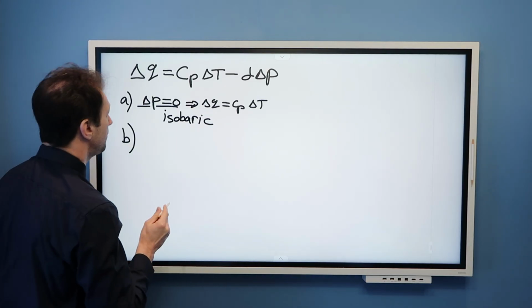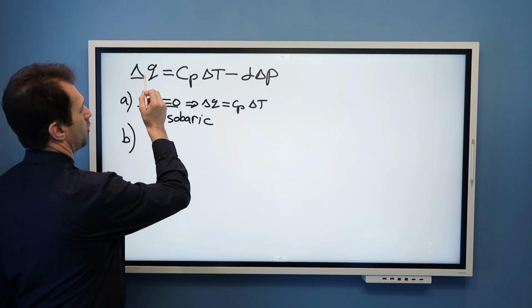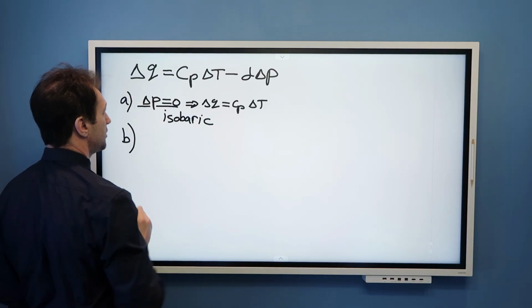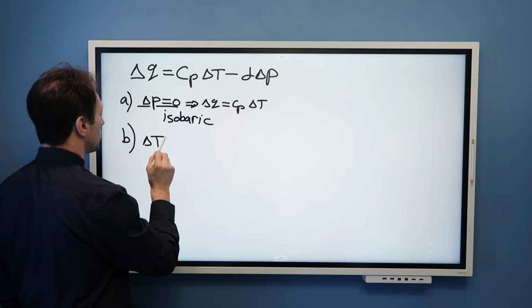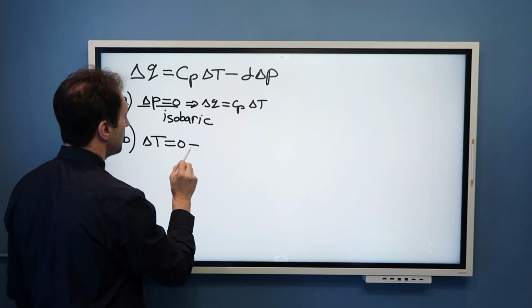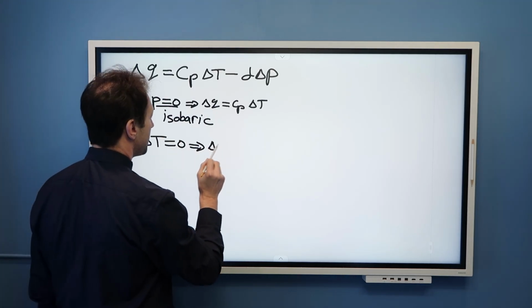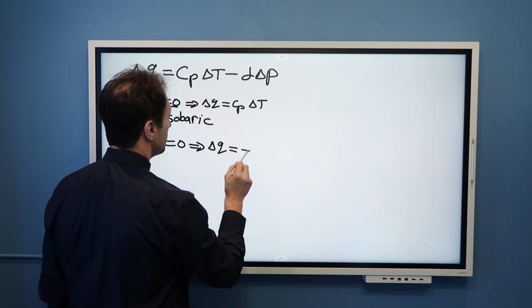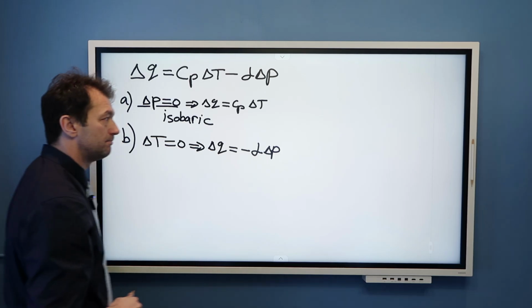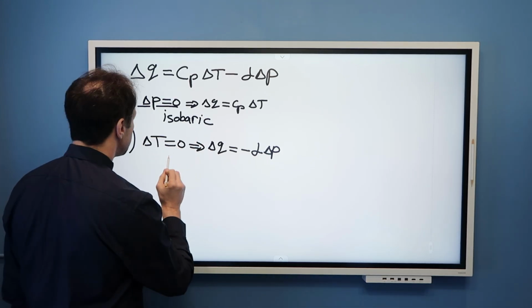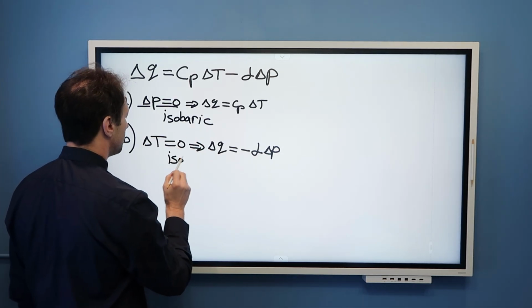And you can see that option B is if we add or remove the amount of heat delta Q from an air parcel, but we now force temperature to stay constant. Delta T equals 0. Then our first law of thermodynamics becomes delta Q equals minus alpha delta P. This process is known as isothermal.